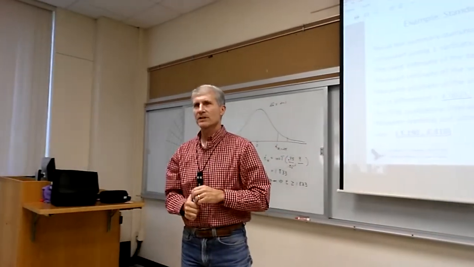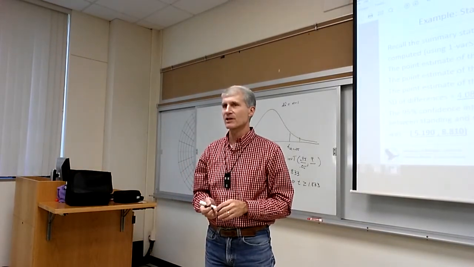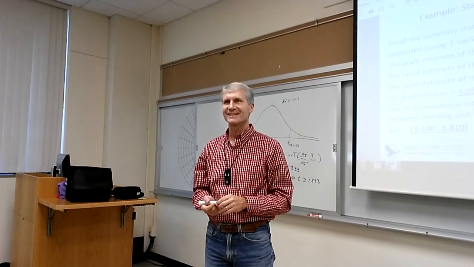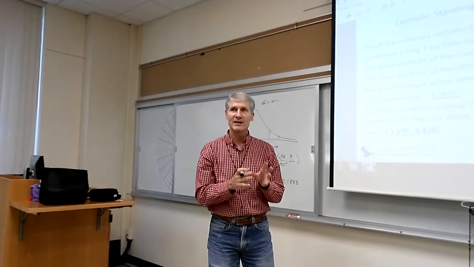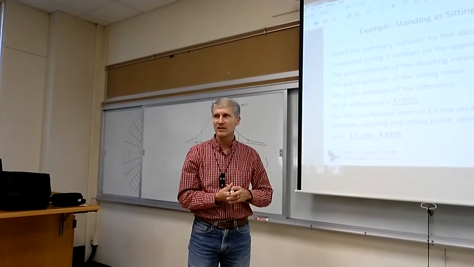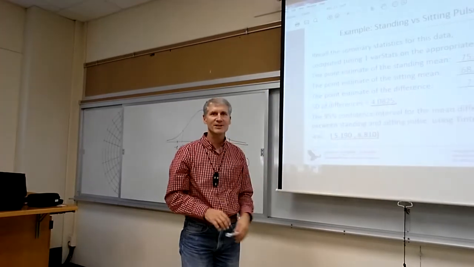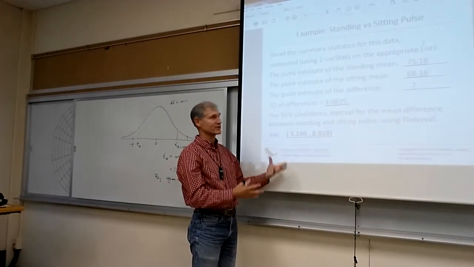Does that interval let us make a conclusion about whether there is a difference in heart rate? Why? Because 0 is not in there. The null hypothesis in this case would be, right, the claim. Well, I actually haven't shown the slide that says test the claim, but you'll see it says test to see if there is a difference.